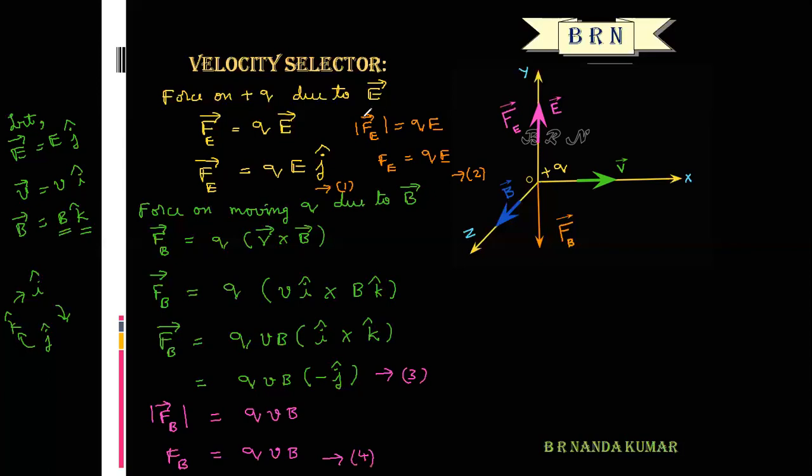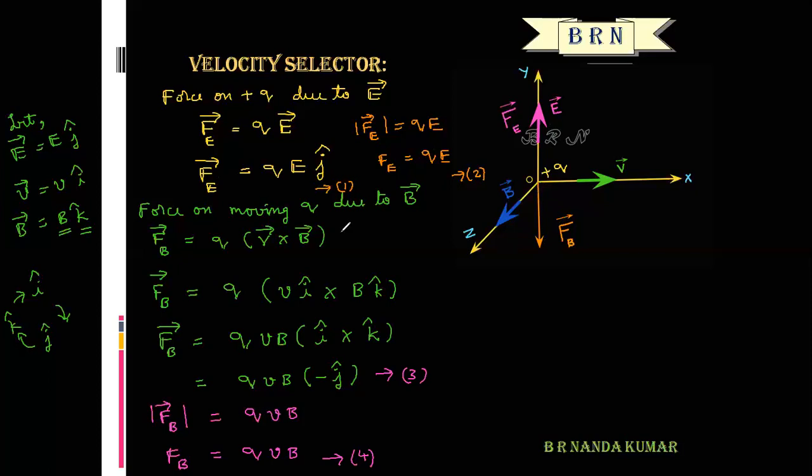Okay, right? So this is the force acting on charged particle. The plus Q due to electric field is along positive y-axis, and this is the magnitude of force acting on charged particle, that is QE. And this is the force acting on charged particle due to the magnetic field. This direction can be determined by using Fleming's left hand rule. So FB vector is along negative y-axis.